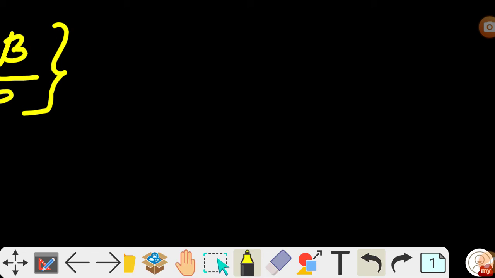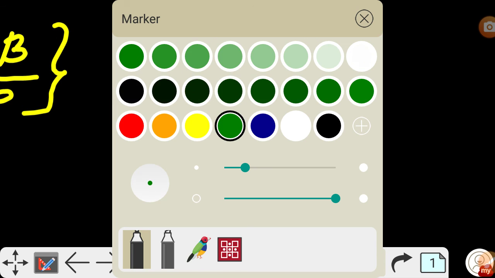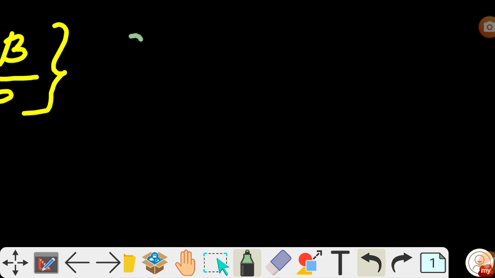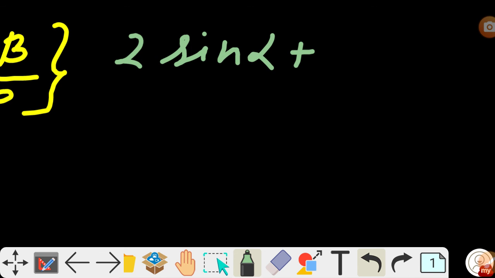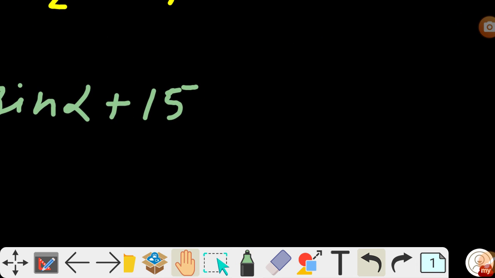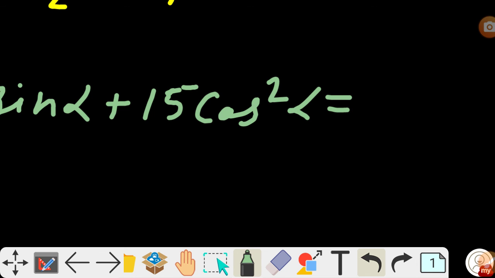The question is 2 sin alpha plus 15 cos square alpha equal to 7.